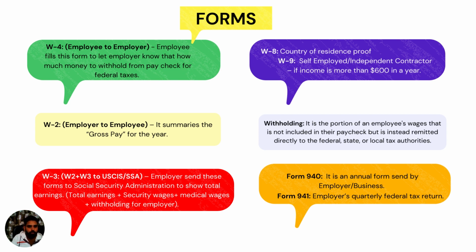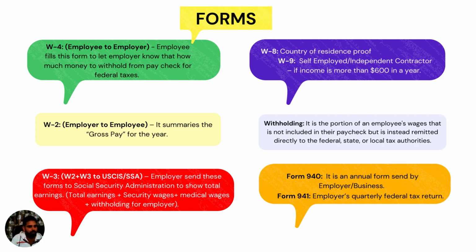Now, two more forms are available, W8 and W9. W8 is nothing much, it is just proof of country of residence. So the W8 form just shows which country you belong to. Now W9. The W9 form is filled by a self-employed person or independent contractor whose income is more than 600 in a year.